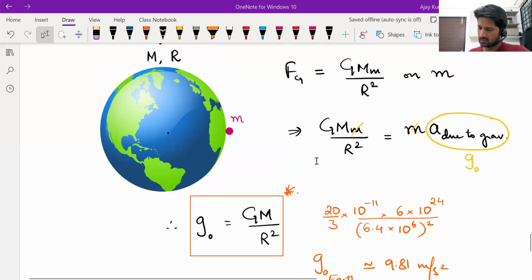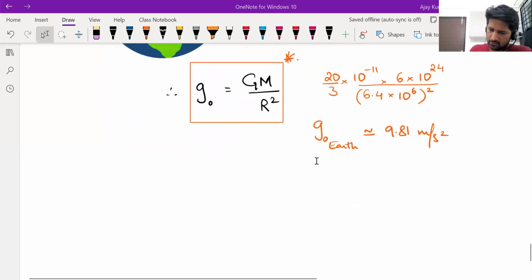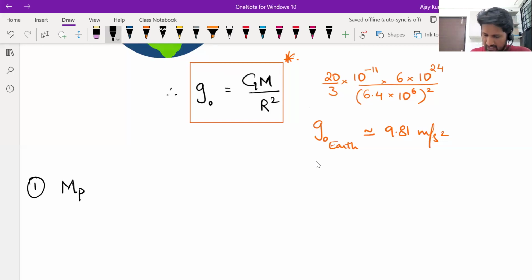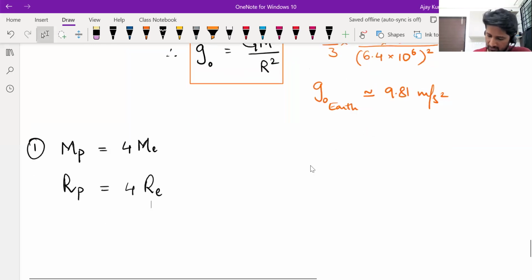Okay. Let's solve some problems based on this quickly. First, the mass of some other planet is 4 times the mass of Earth, and the radius of that other planet is, let's say, also 4 times the radius of Earth. Then what is the acceleration due to gravity?